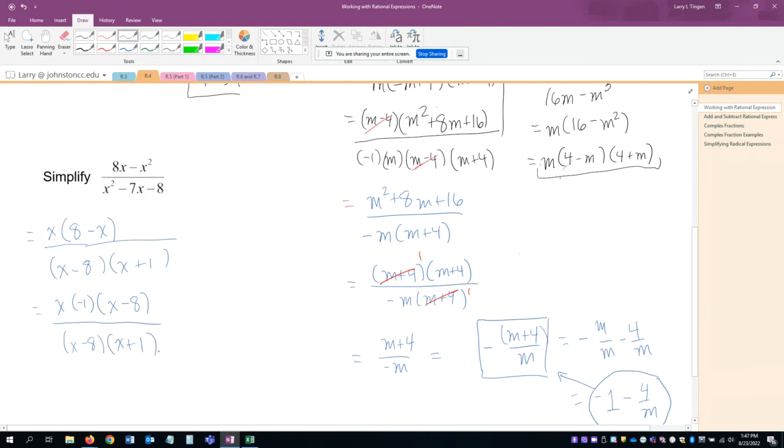Now, it's going to feel like that works all the time, and it doesn't. So if, when you're doing those problems, you get one of these cases where you can factor out a negative and it swaps the signs, take a second look and make sure that you're right. Because the temptation, once you've seen that trick, is always there, and that doesn't always happen. So I end up with negative x over x plus 1.